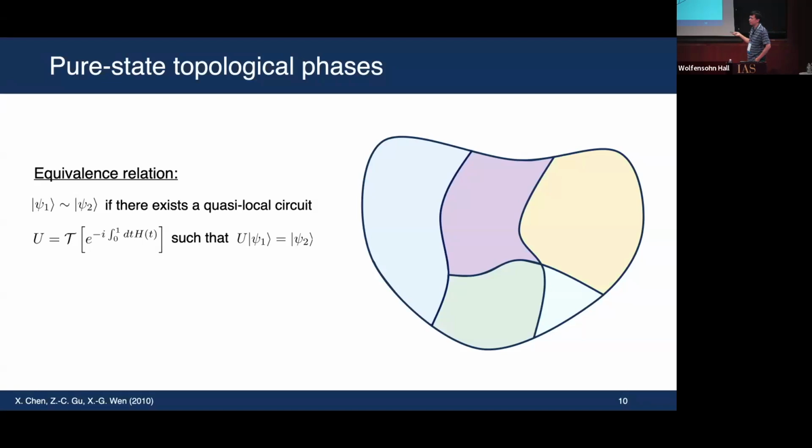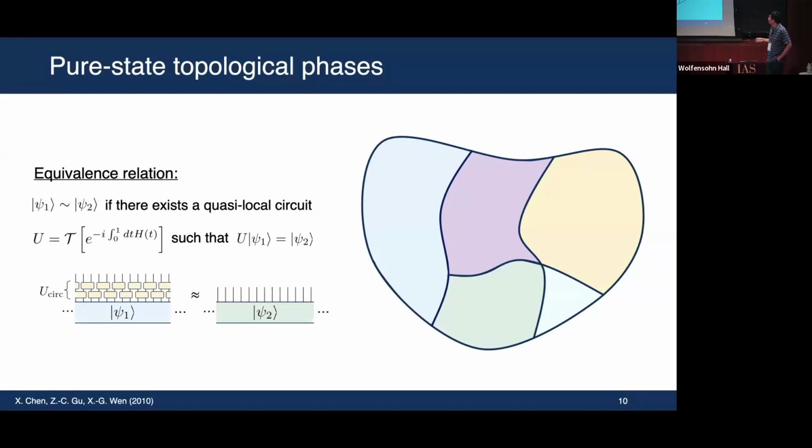If two states can be related to each other via a quasi-local circuit, which, without giving you a definition, is just a circuit that respects the locality of the system, and a simple model for that is this brick wall picture of a unitary circuit, then we say they're in the same phase.